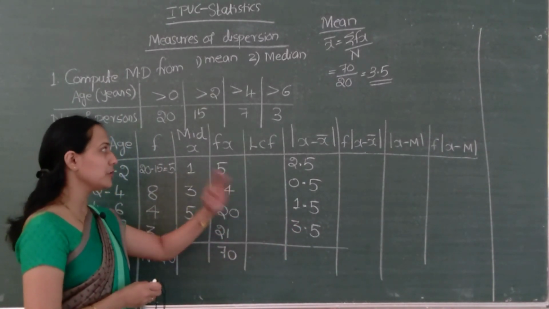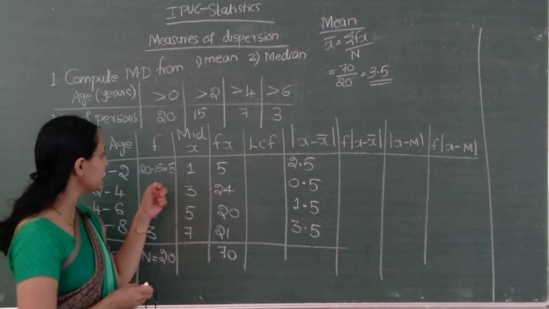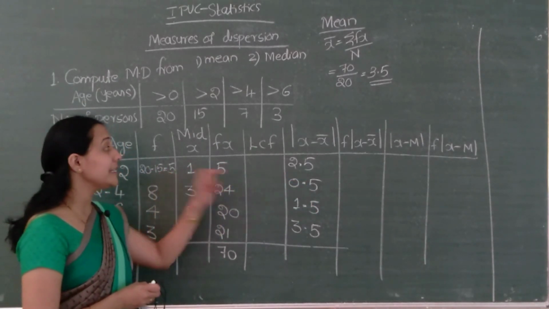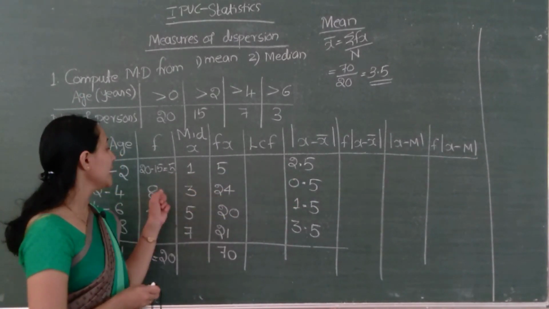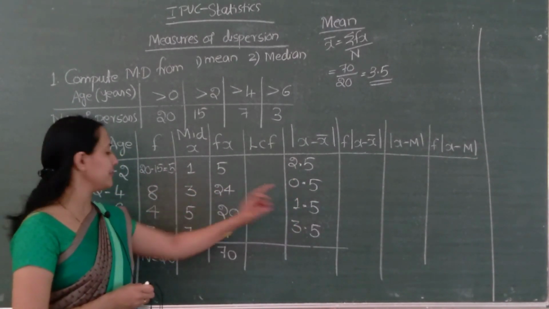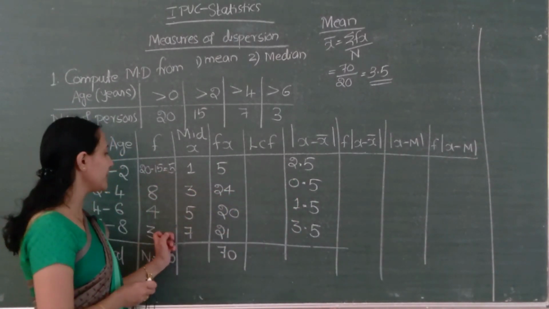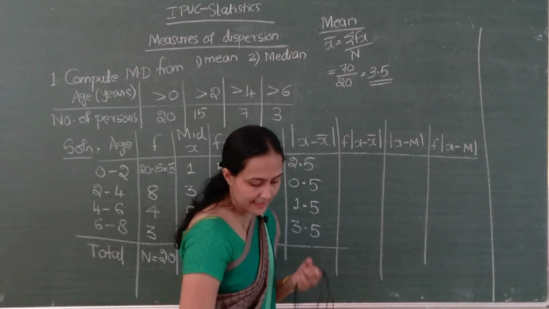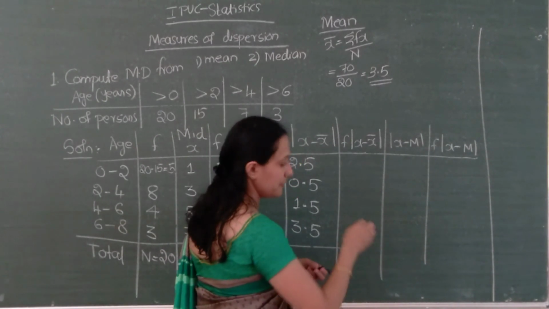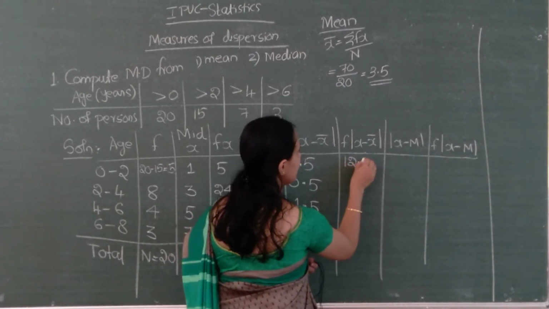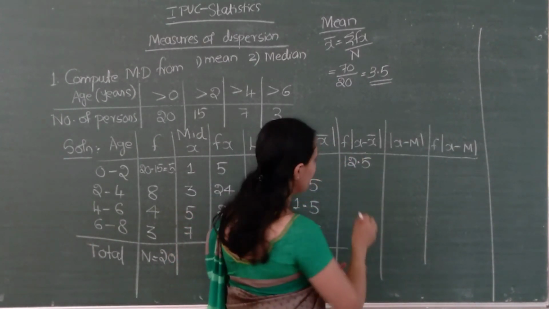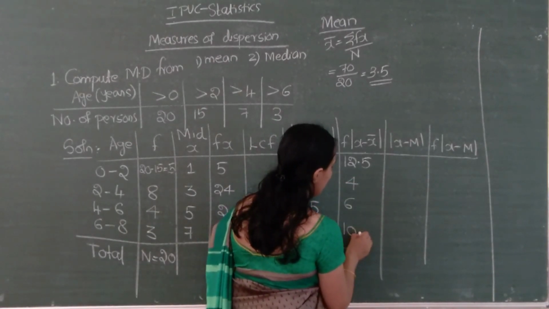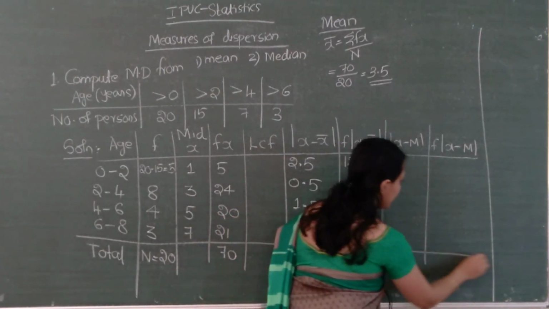Next term, f into mod x minus x bar, that is which one? This column, second column into this column. 5 into 2.5, 8 into 0.5, 4 into 1.5, 3 into 3.5. See, I will write the answers only. 12.5, next 4, next 6, next 10.5.